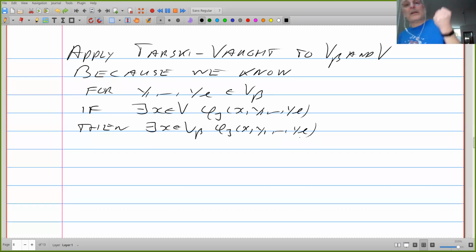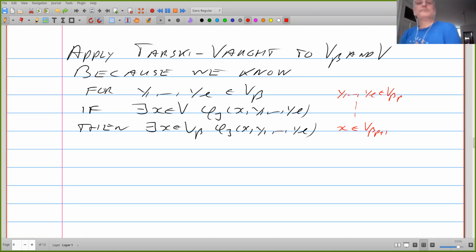If we have some points in V beta, then they are in a V beta P, and then there is an X in the V of beta P plus 1. If the points y1 up to yl are in V beta P, then the X we can find is in V beta P plus 1. So we have done what we promised.